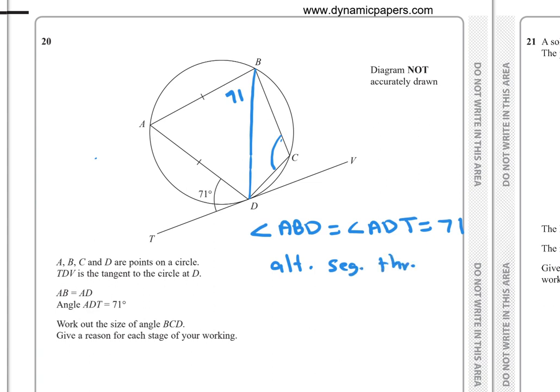Now this angle is 71 because AB equals AD, isosceles triangle. So angle ADB equals angle ABD equals 71 because ABD is an isosceles triangle.